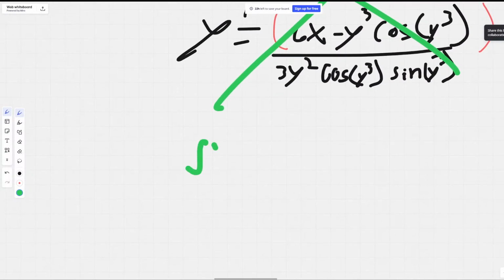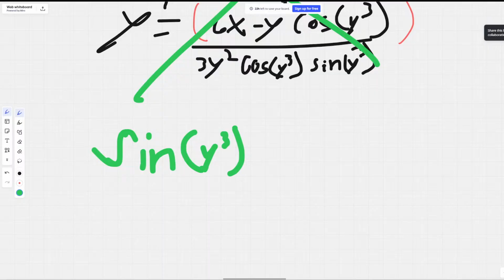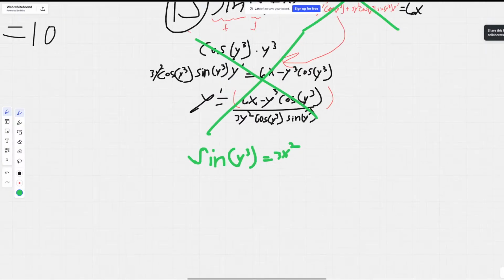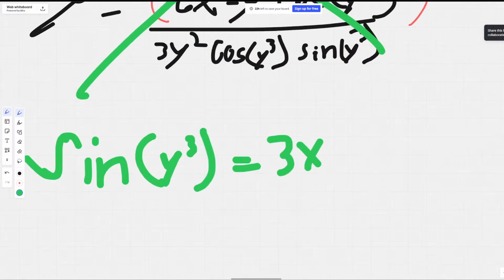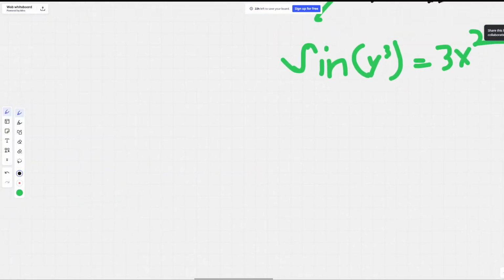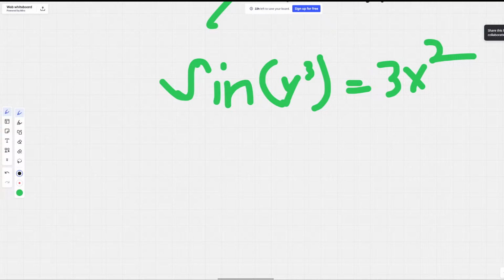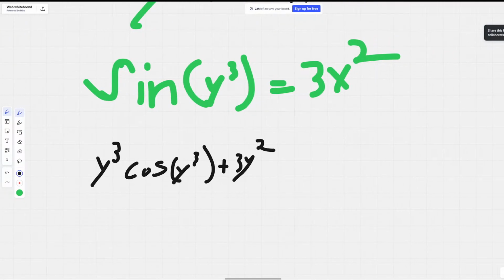So sine y cubed equals 3x squared. Which, going back through, it gives you the y cubed cosine y cubed plus 3y squared sine y cubed y prime.